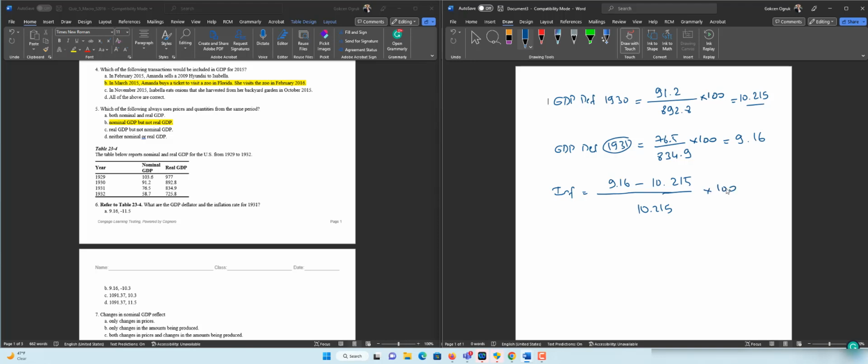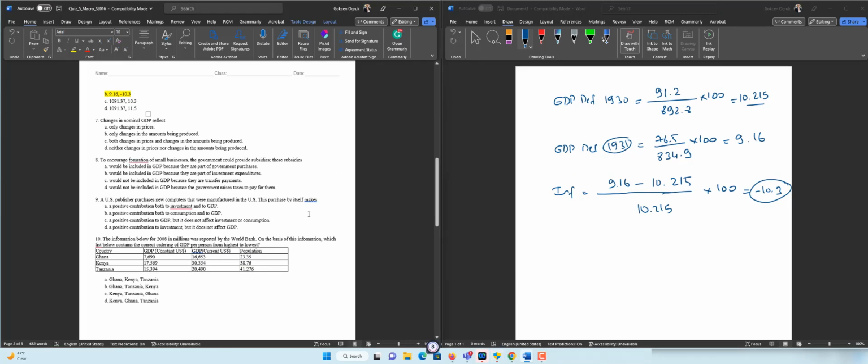So that is 9.16 minus 10.215, divided by 10.215, times 100, which is negative 10.3. So that inflation is actually a deflation, a decrease in prices. The right answer is here B.